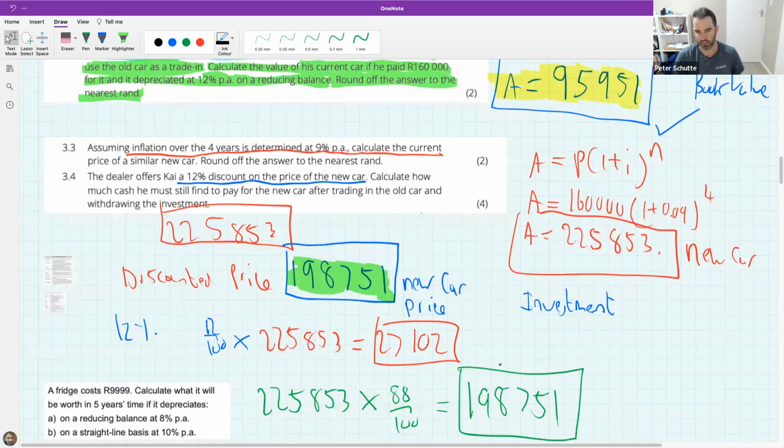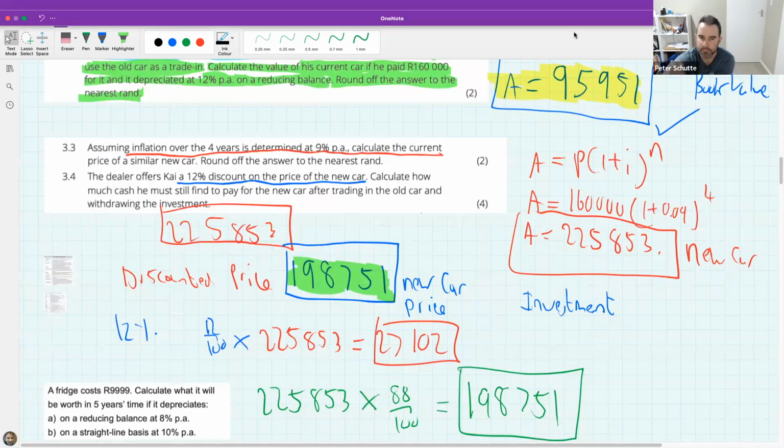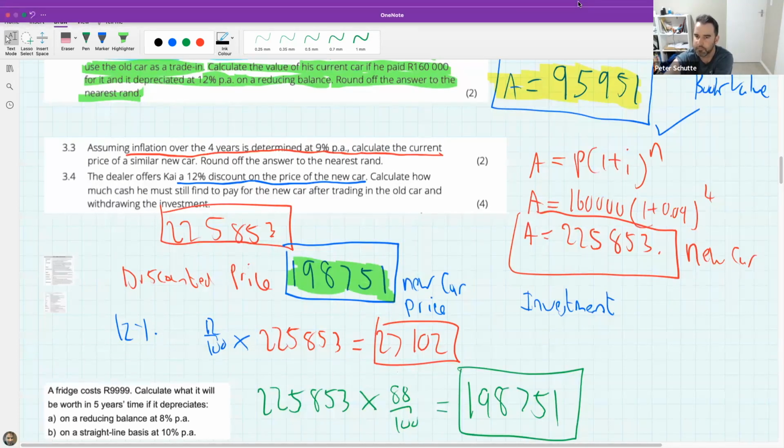So either you work out the discount and take it away, or you just times it by 88 out of 100, which is 12% less than 100. Okay, Tembi, does that help? A little bit with the discount?